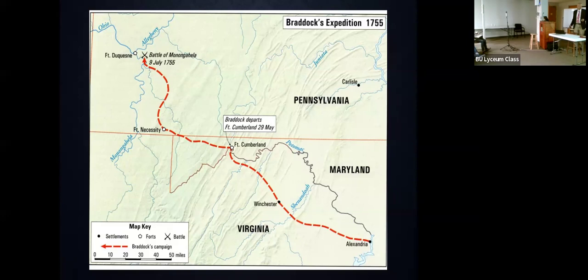That means he's got to have people with axes, the ability to take down trees, get them out of the way, level the ground sufficiently that his wagons can move, right? You can't leave a 3-foot stump in the middle of your road. You're not going to get around it. So he has to do that.